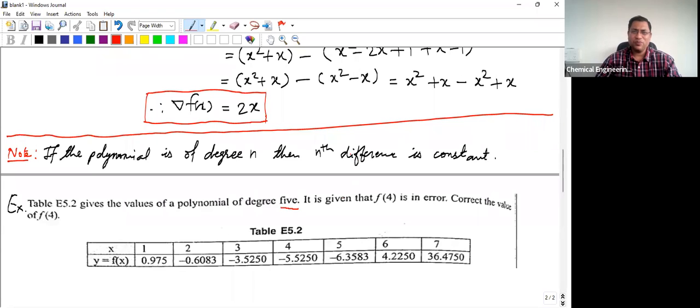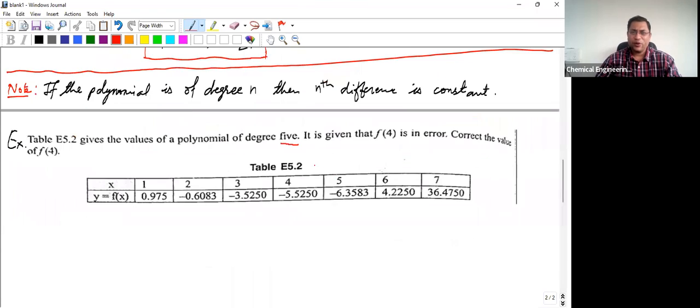Now it is given that f of 4 is in error. So that means this value is in error, this is the value which is in error. And now the question is, we have to correct the value of f of 4.